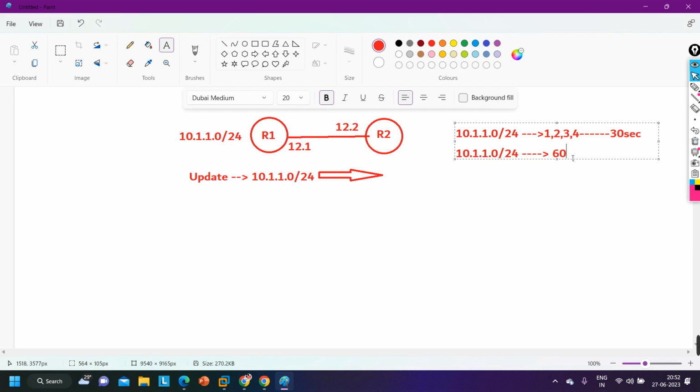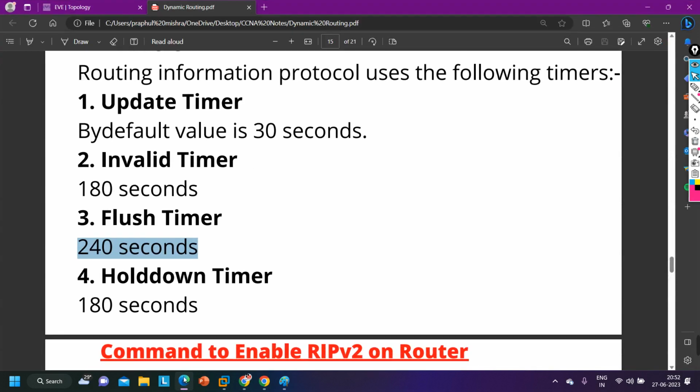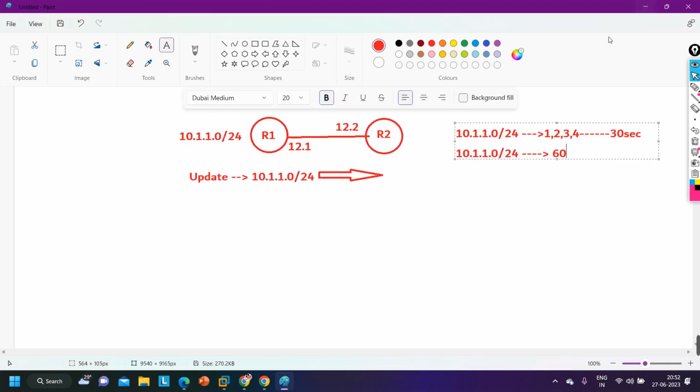Yes or no? After missing how many update messages will router 2 discard this route? Flush time is 240 seconds. 240 seconds means how many minutes? 4 minutes.